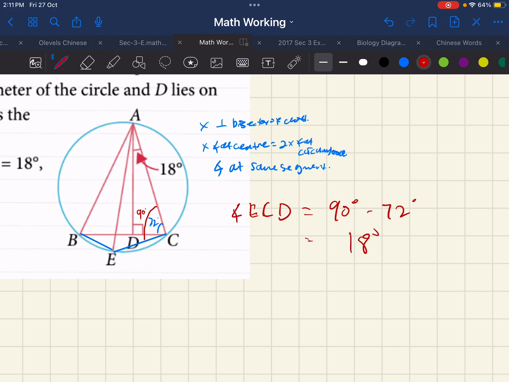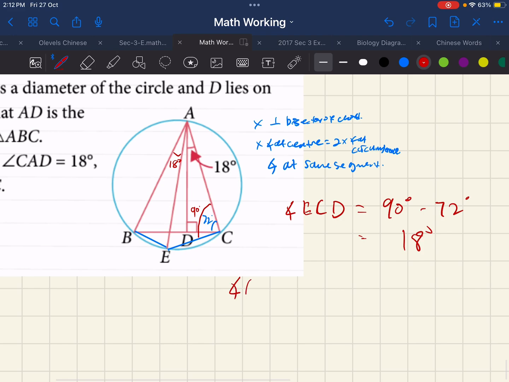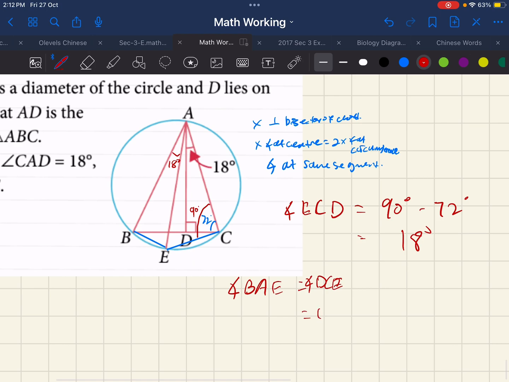Can we understand that? So we know that ECD is 18 degrees. We also know that BAE will eventually be 18 degrees. Reasoning: angle BAE is equal to angle DCE, which is also equal to 18 degrees.